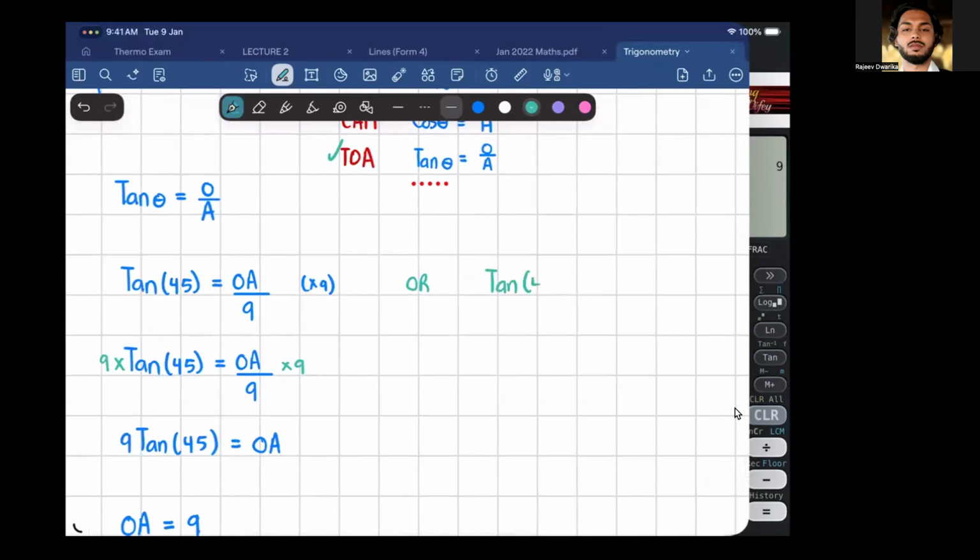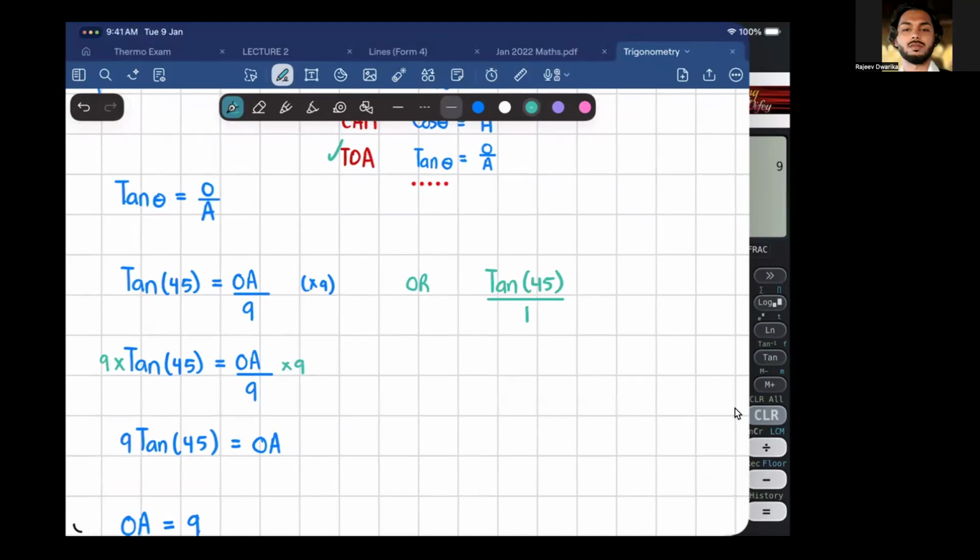I could have said tan 45 over 1. Simran, did I confuse you? Do you understand that tan 45 is the same thing as tan 45 over 1? Did I confuse you by writing that line? No. Okay, good.